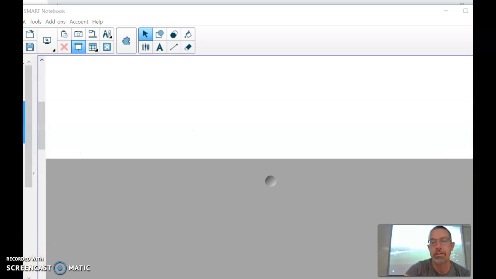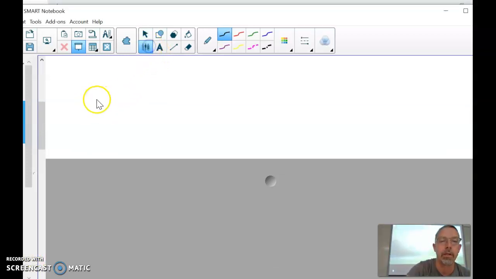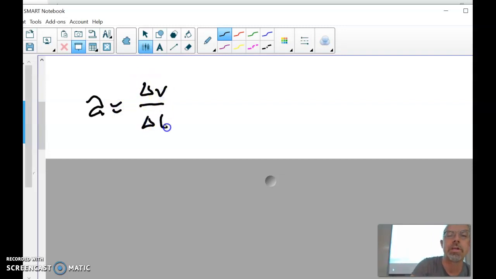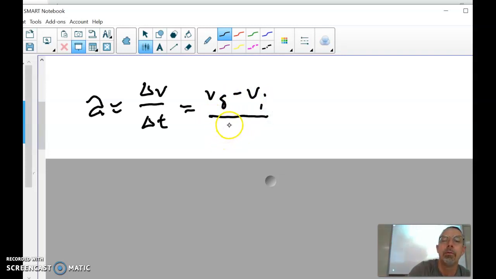So our equation for acceleration is going to be: acceleration equals delta v divided by delta t. So my change in velocity over time. And remember, when we describe our change in velocity, it's going to be v final minus v initial, over whatever my change in time is.